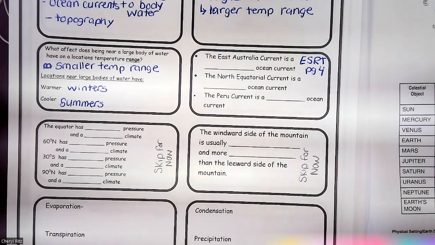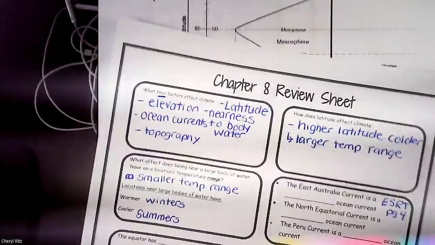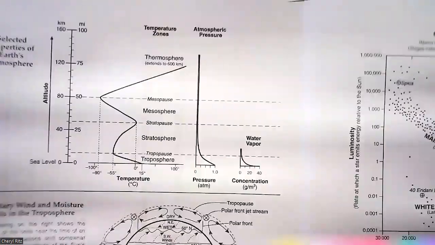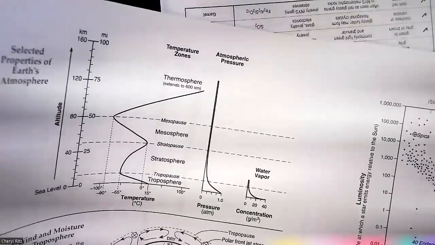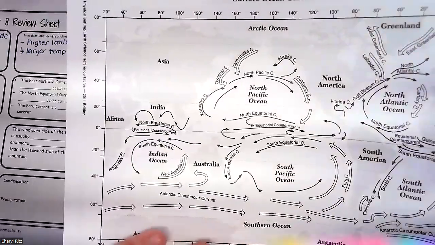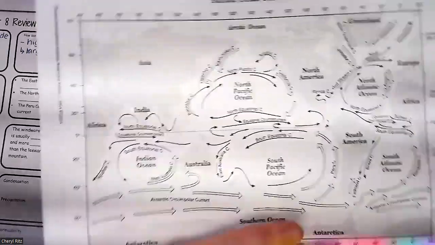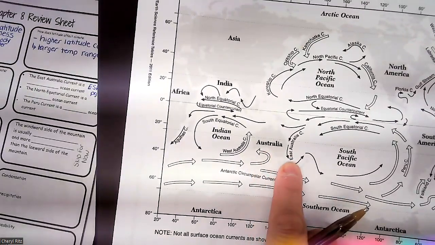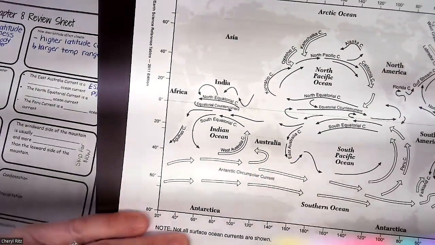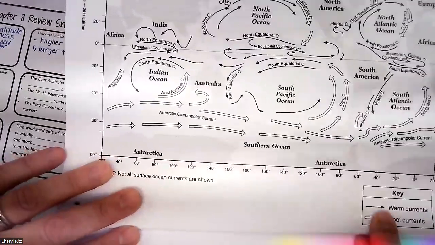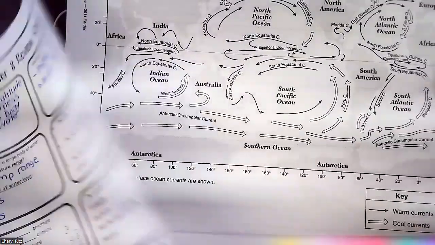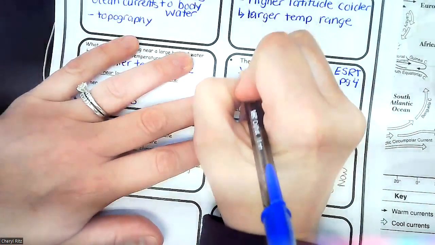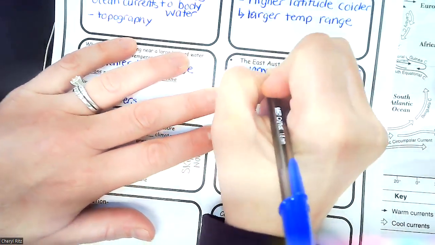All right, so probably the hardest part of these questions are finding the currents. The names of them do give you a hint at least. So if we're looking for the East Australian current, your best bet is to find Australia and look east of it, and you'll see we've got the black arrows, and black arrows, according to the key, are warm currents. So East Australian is a warm ocean current.